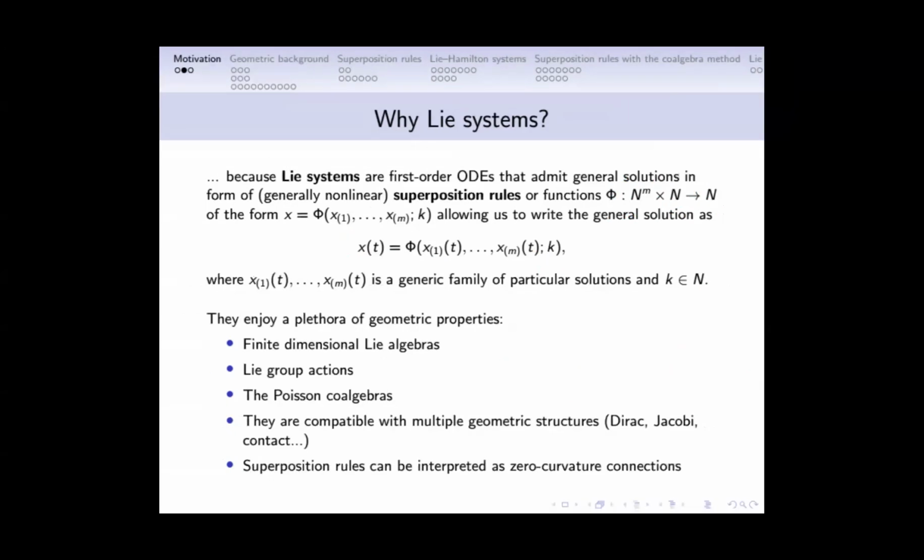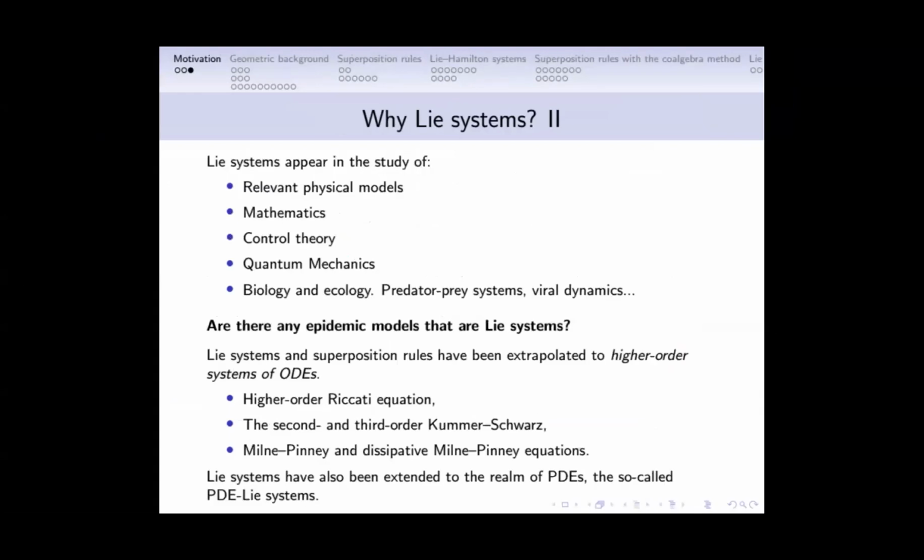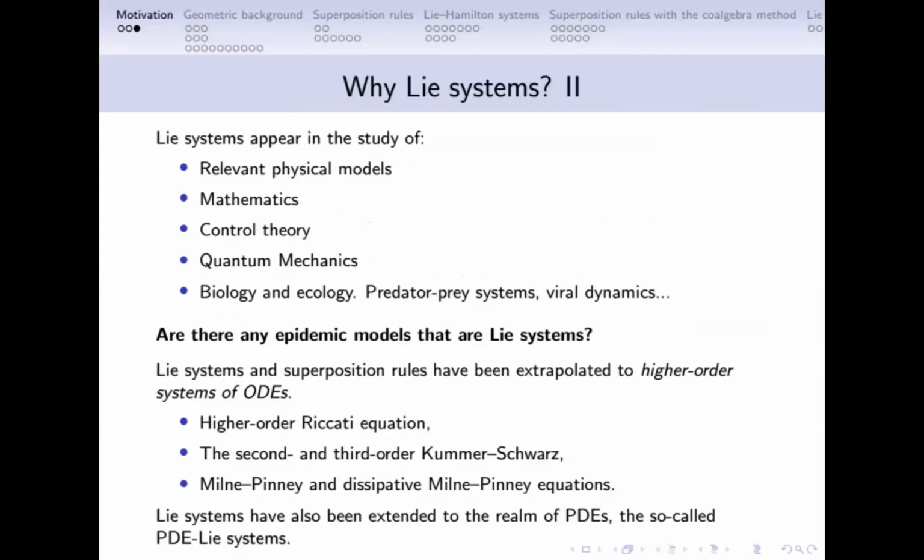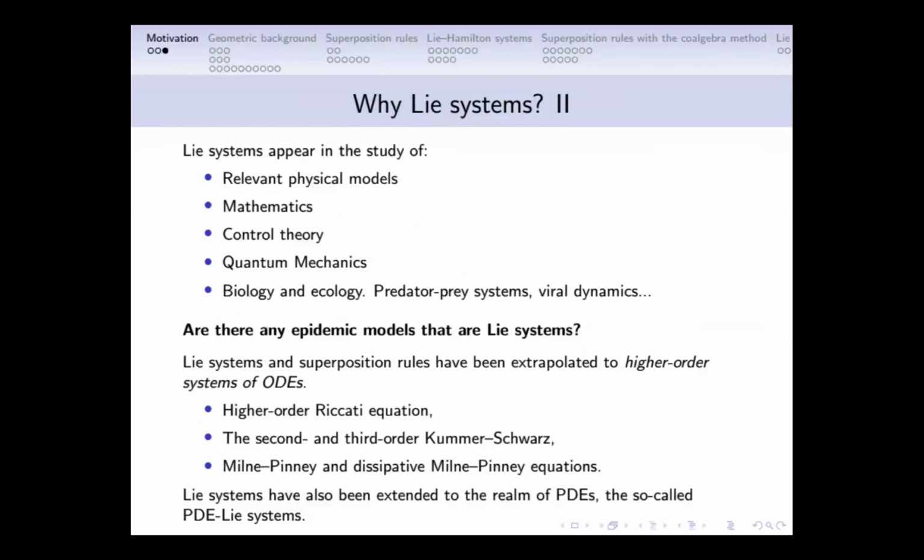All right. So about some of the applications, there are some relevant physical models. These systems appear in mathematics. They appear in control theory, especially in Riccati equations, as we will see, like matrix Riccati equations that are very common in control.